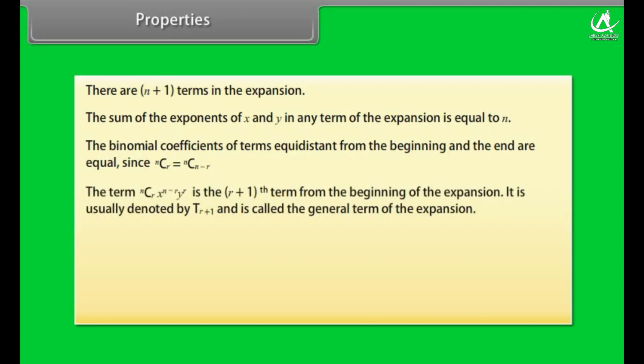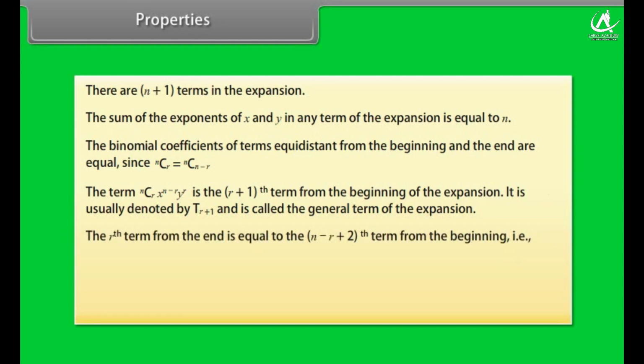The term nCr x^(n-r) y^r is the (r + 1)th term from the beginning of the expansion. It is usually denoted by T(r+1) and is called the general term of the expansion.